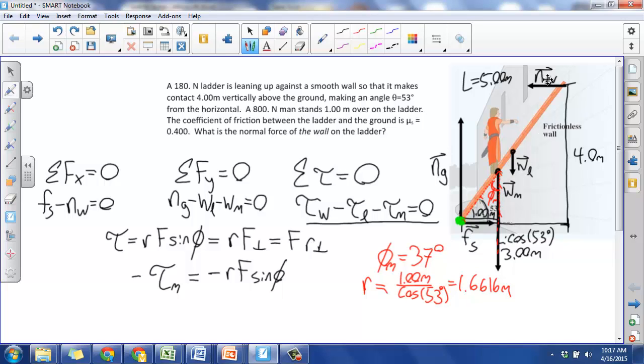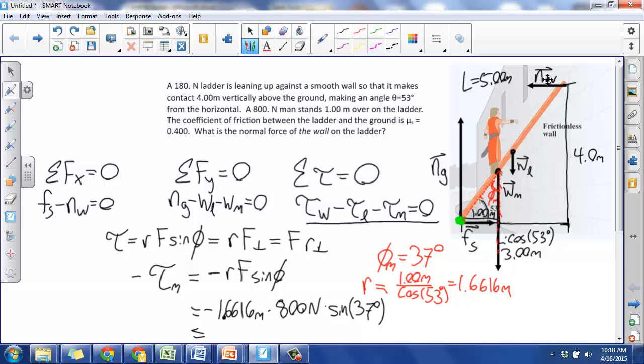Okay, so this is equal to negative 1.6616 meters times our force, which is the weight of the man. Notice we already have newtons, so that's just 800 newtons. We're not multiplying by g, this is already the weight. We're just done. Times sine of 37 degrees.